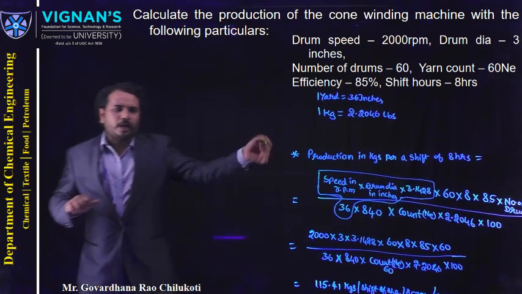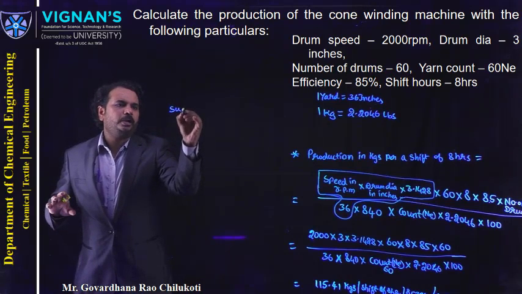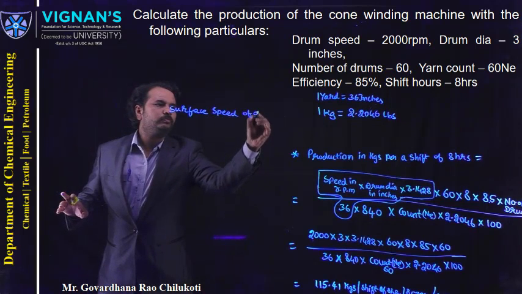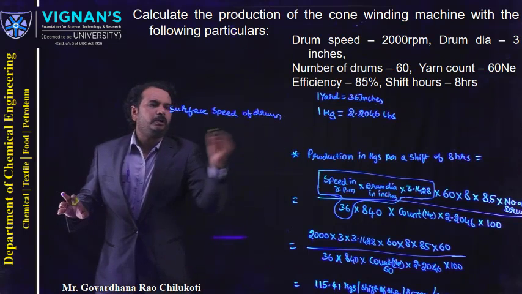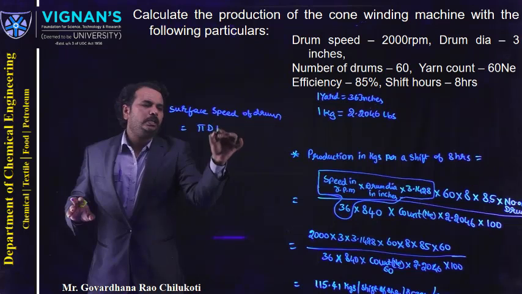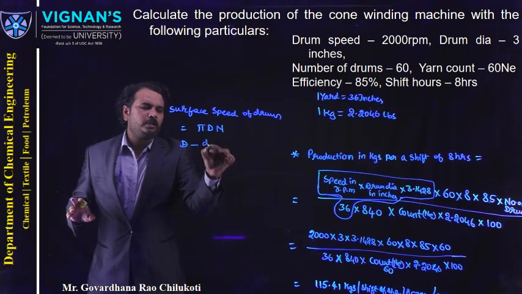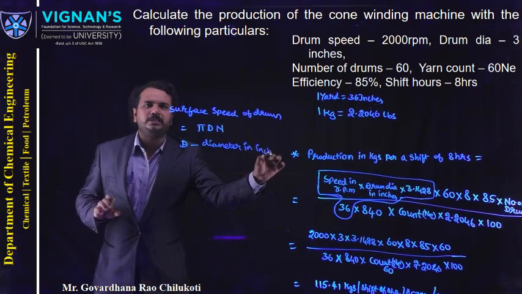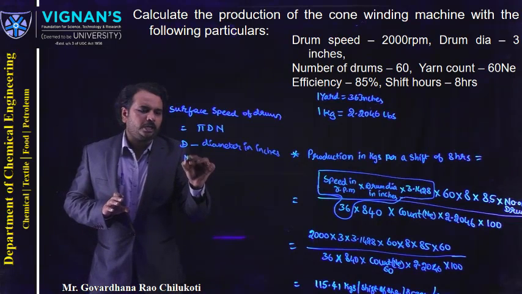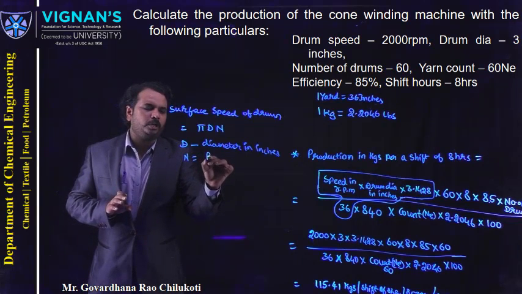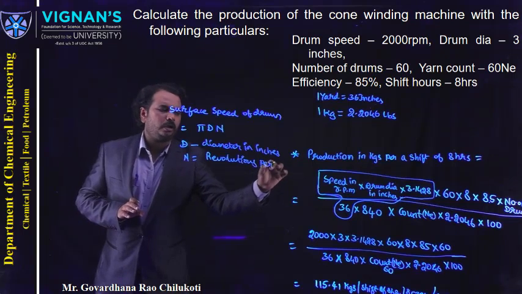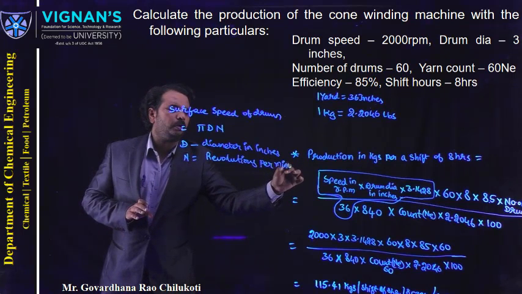We calculated the surface speed of the drum, that is equal to pi d n, where d is the diameter, in inches, and n is the speed, revolutions per minute.